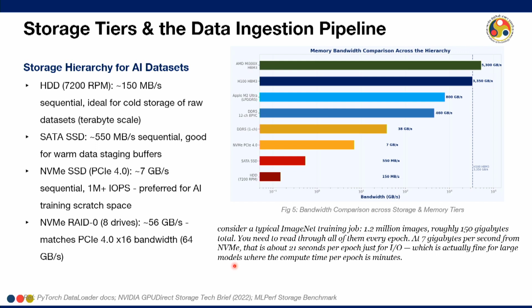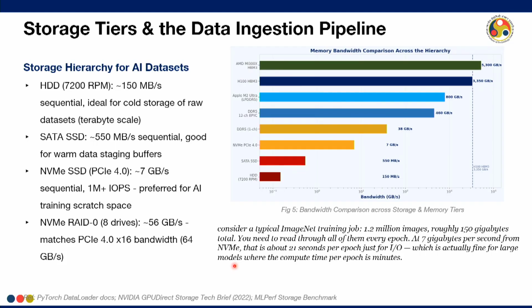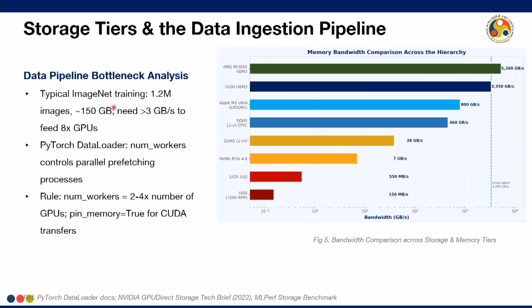Also when we are talking about AI workload, what exactly does the workload mean? In terms of memory, for each epoch I will need to load around 150 GB of data. Now imagine the system that you will be working with. The same example, a typical ImageNet training with 1.2 million images, 150 GB, we need more than 3 GB per second to feed 8 GPUs to be able to compute in the same time.